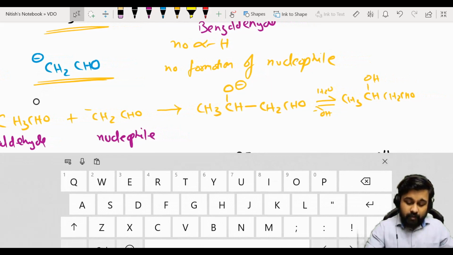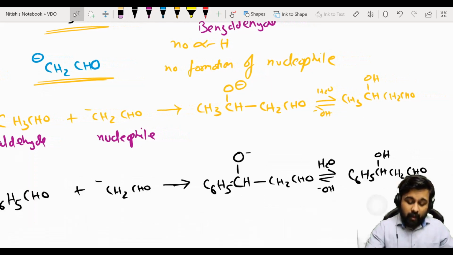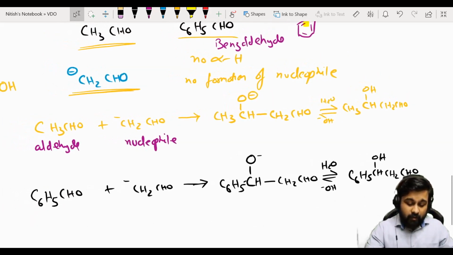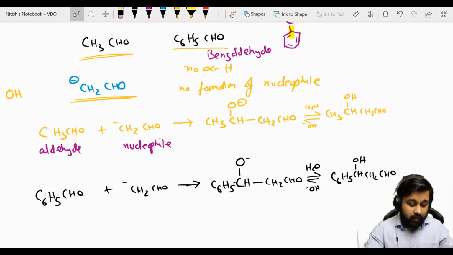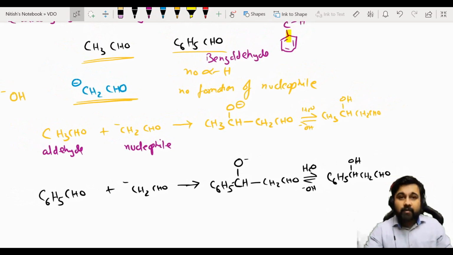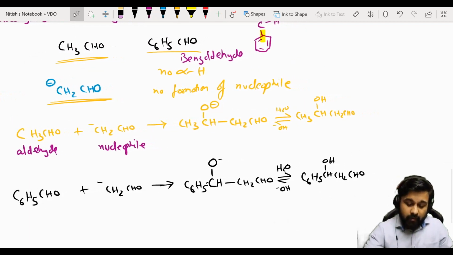Okay, so this is your aldol condensation. If we have two different aldehydes, of which only one has alpha hydrogen, we get two different products.